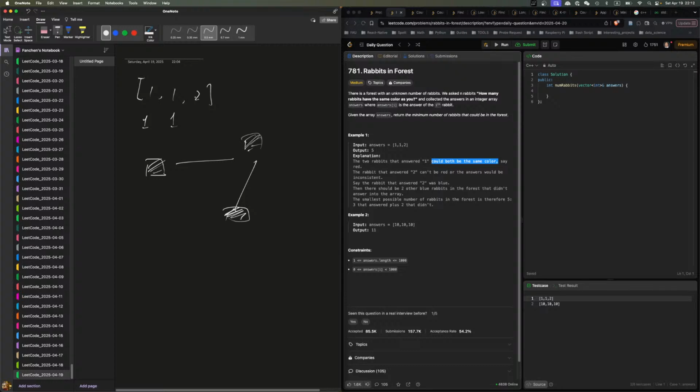And now this one says 2. But hold on, if this is the same, then it should say 2. Wait, what? Yeah.